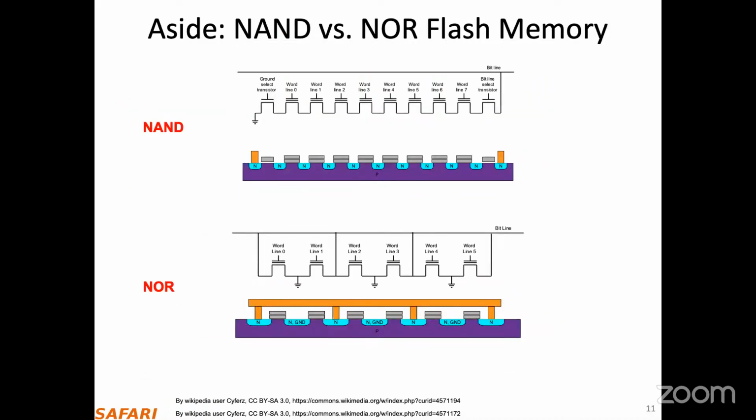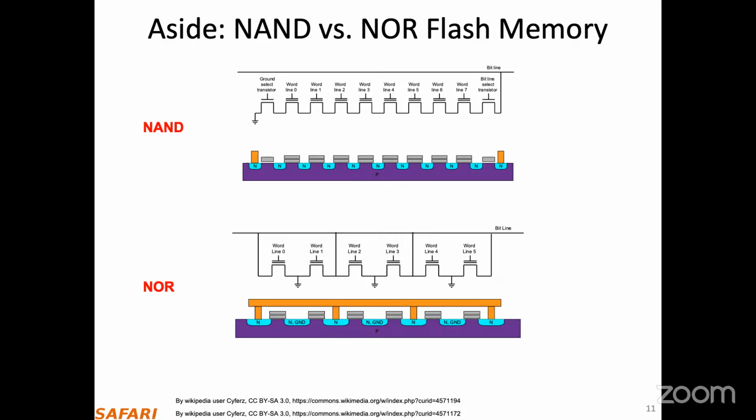As a side note, you may have also heard about NOR flash memory. So we have NAND and NOR flash memory. In today's technology, we mostly use NAND flash memory because the main reason is that it has better density. I don't want to go into details of how people make NOR, but for NOR flash memory you have a shorter, or faster, connection to the bit line.